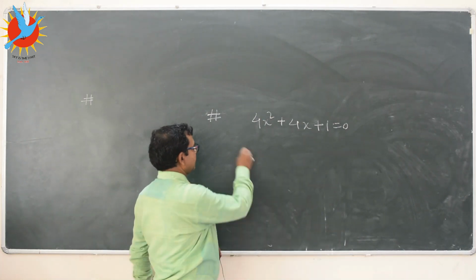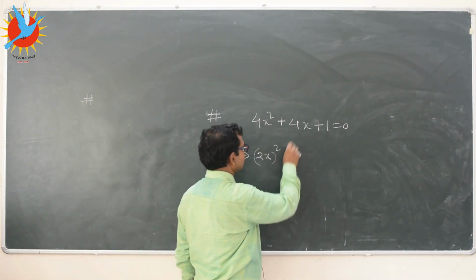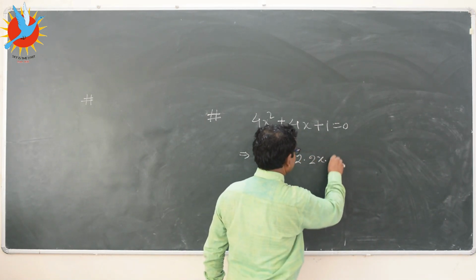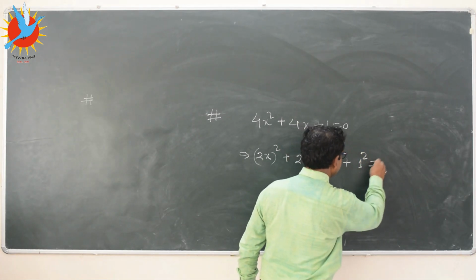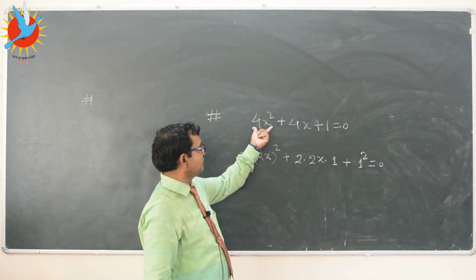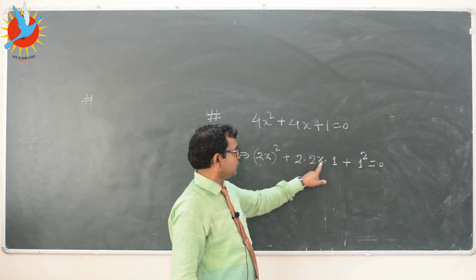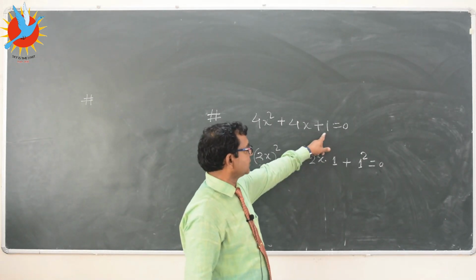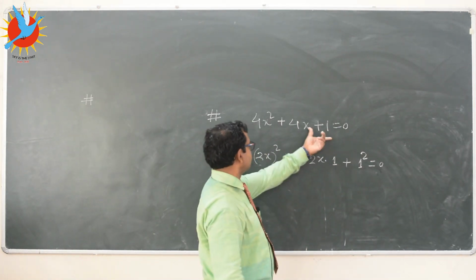This can be written as 2x whole square plus 2 into 2x into 1 plus 1 square equal to 0. 2x whole square will be equal to 4x square, and this can be written as 2 into 2x into 1, and this one can be written as 1 square.